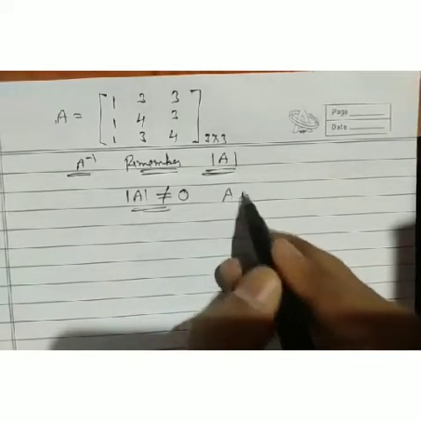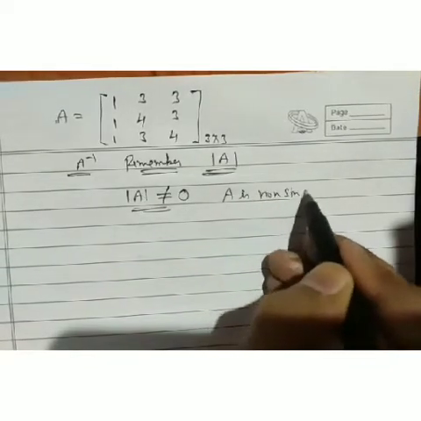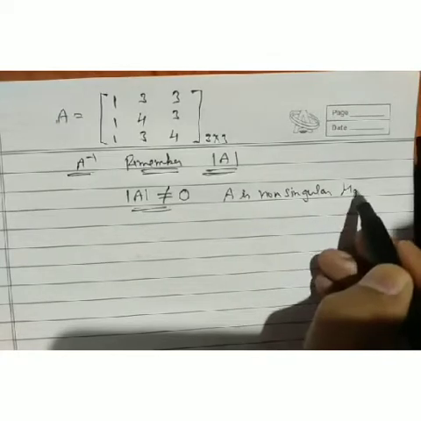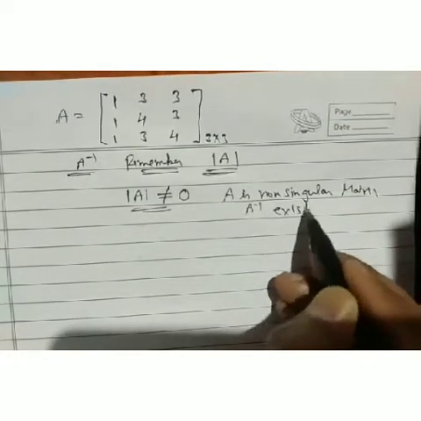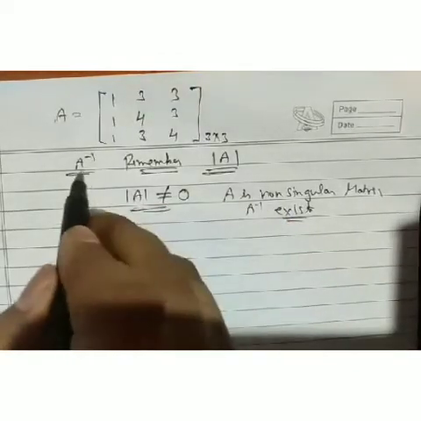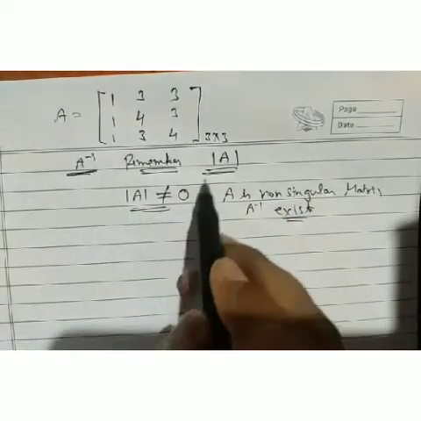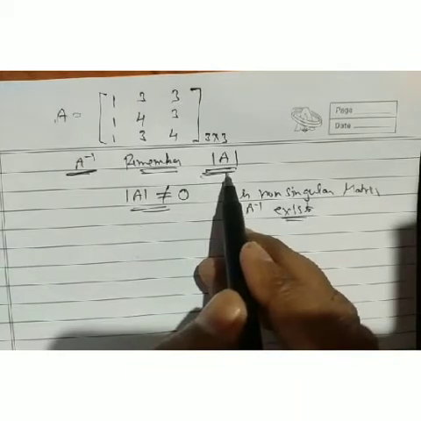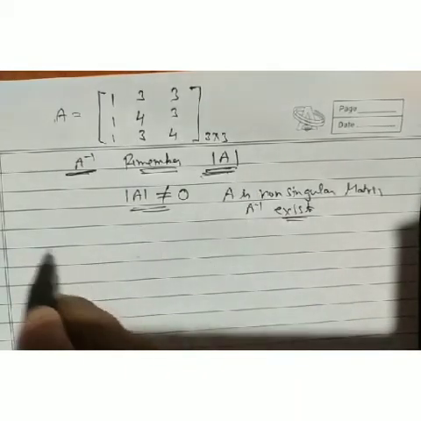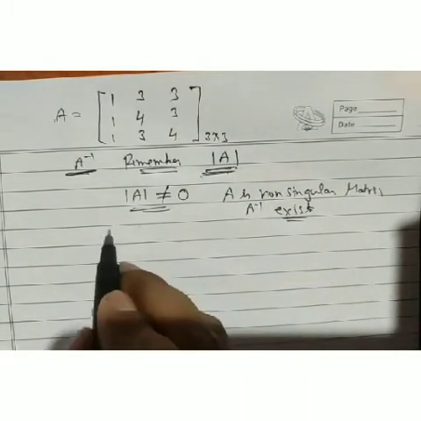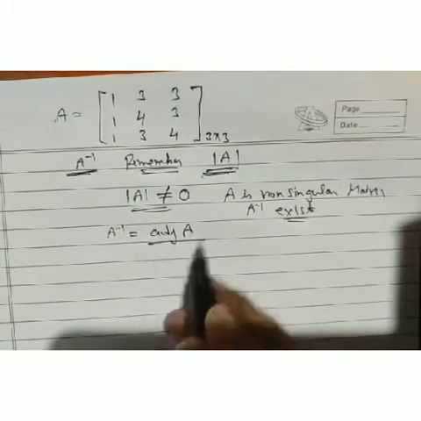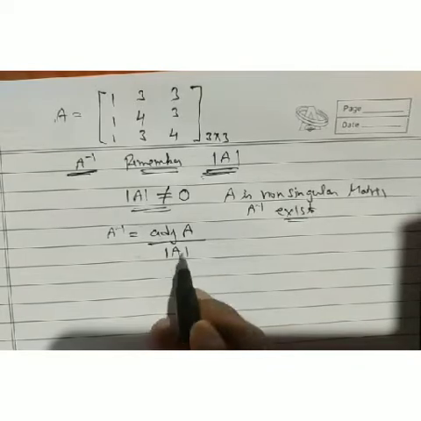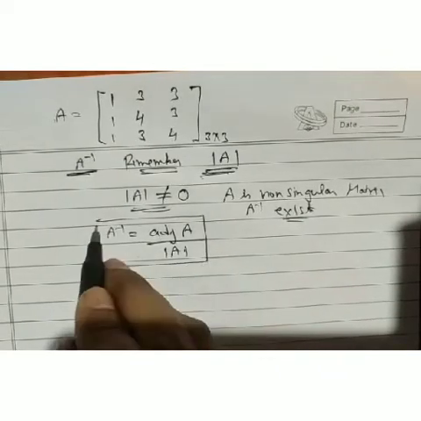Then A is a non-singular matrix and A inverse exists. The formula to get A inverse is: we find the adjoint of A and divide by its determinant. Then we get A inverse.